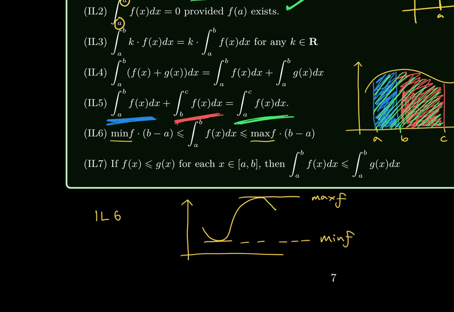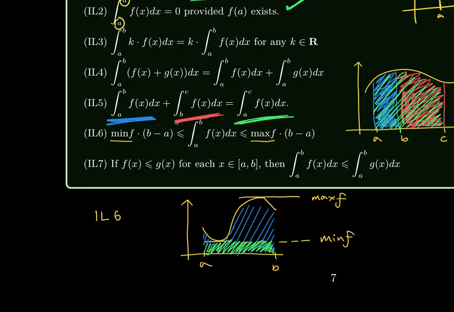And let's do some arbitrary interval. Let's go from A to B here. This thing in blue is the integral itself. But that blue area is certainly more than this green area. But what is that green area?